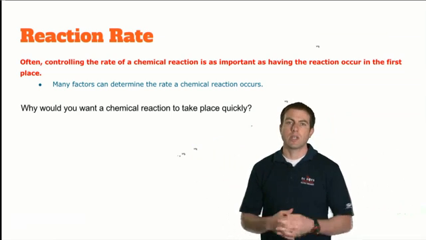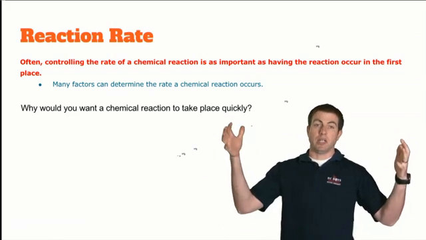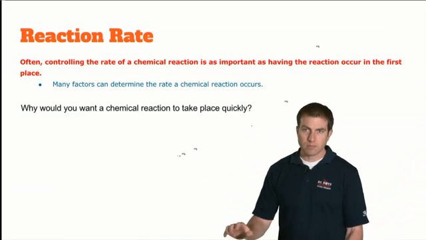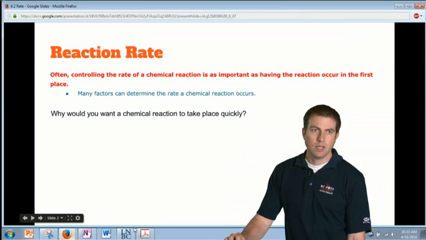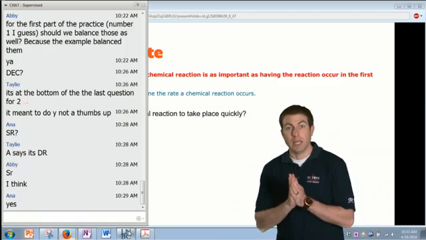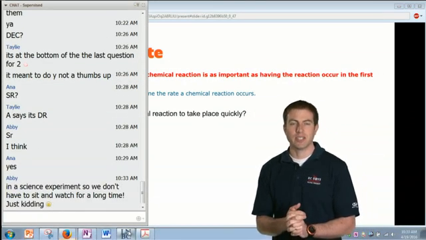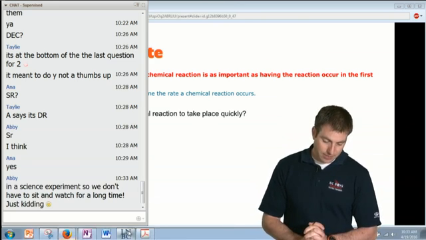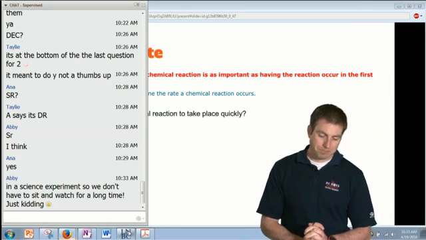Around you, there's chemical reactions happening everywhere. It's kind of like this big idea, right? But why would we want a chemical reaction to take place quickly? Or can anyone think of an example of something you would like to happen really quickly? Yes, in a science experiment, so we don't have to sit and wait for a long time.